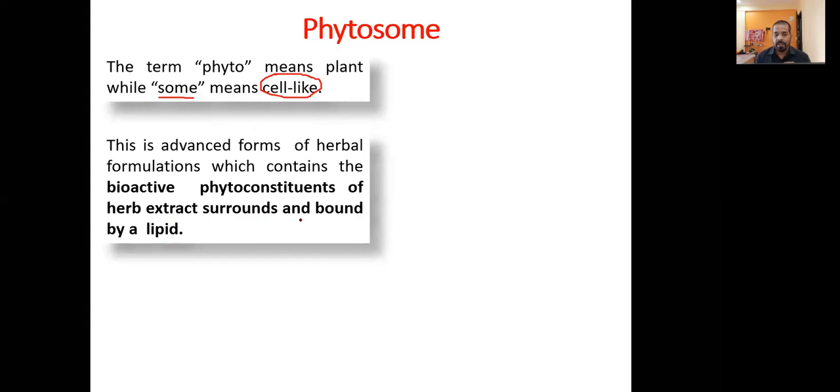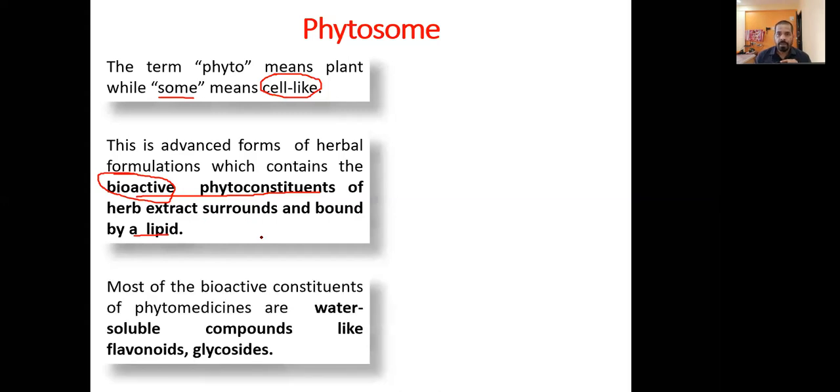Bioactive means the compound which has a biological activity or therapeutic activity. In the previous figure, we have seen that lipid heads are there, and inside that there is a binding of the bioactive phytoconstituents. Okay, so that is generally considered a phytosome.